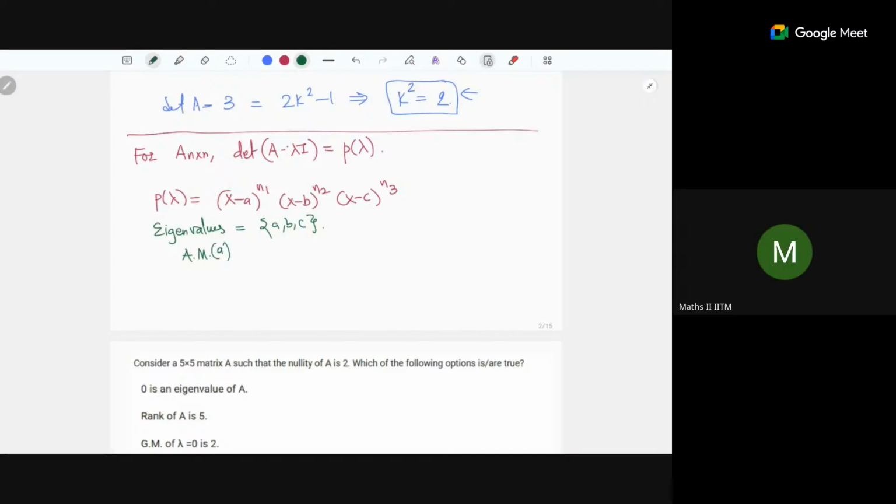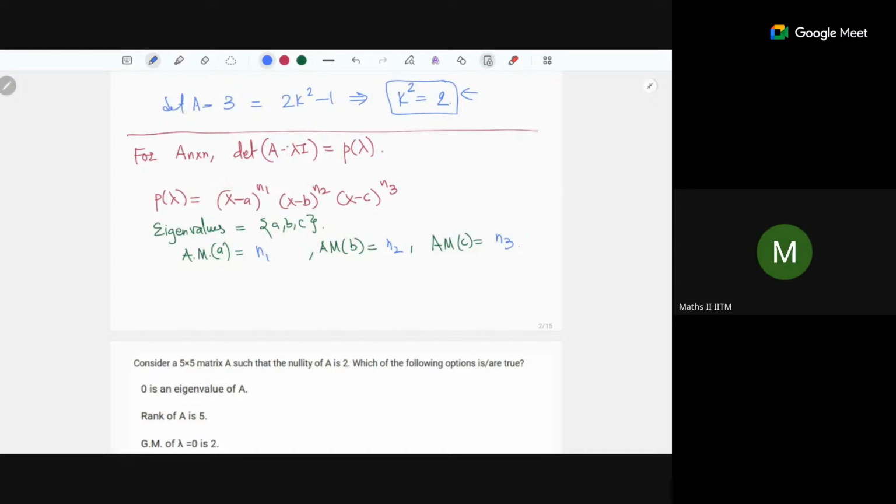For a, it would be n1. For b, it would be n2. For c, it will be n3.